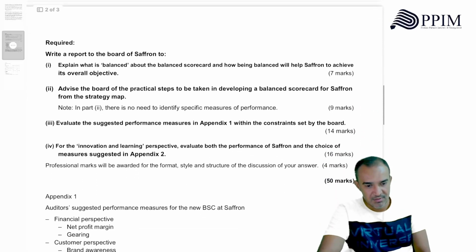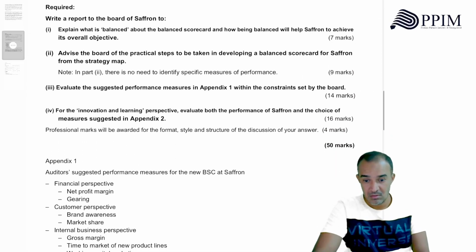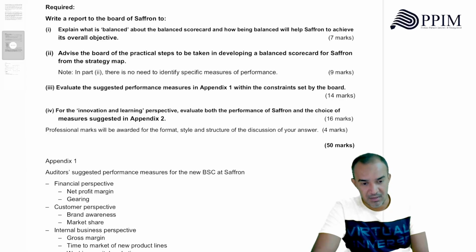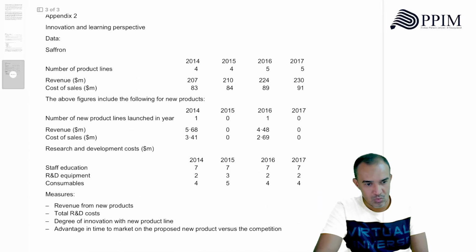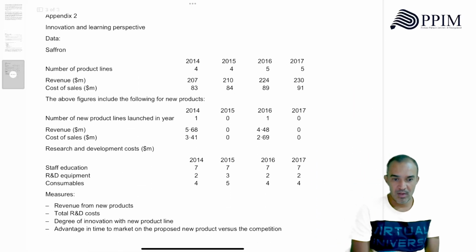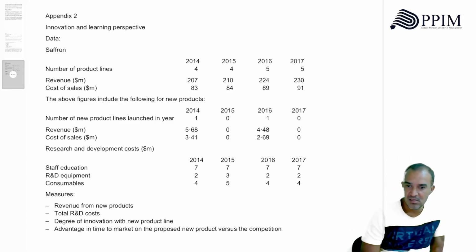All right, last part. For the innovation and learning perspective, evaluate both the performance of S and the choice of measures suggested in Appendix 2. Innovation and learning perspective data. Number of product lines. Revenue is given, cost of sales is given.